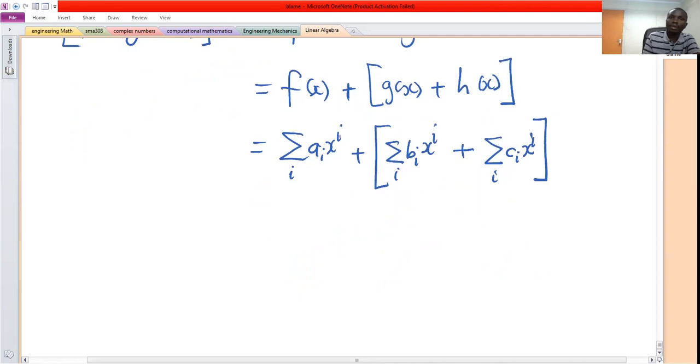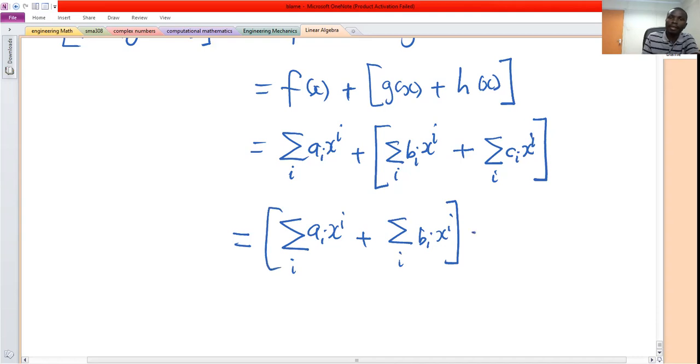Because these are just elements in the field F, we can write this as summation ai xi plus summation bi xi, and then plus summation ci xi.